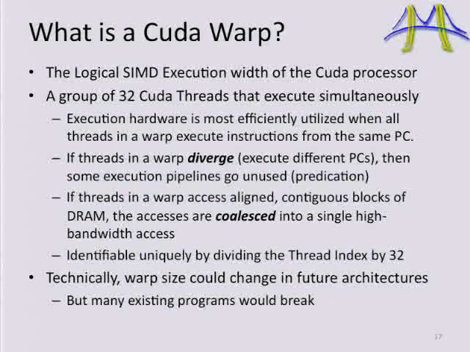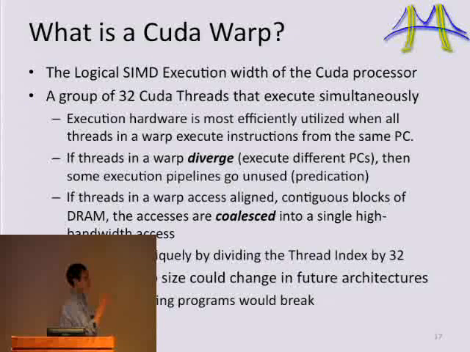So a CUDA warp is the logical SIMD execution width of the CUDA processor. When you're in the early stages of implementing a CUDA program, you actually don't need to worry too much about warps. It's almost entirely a performance optimization detail, but it actually turns out to be one that's pretty important. So these 32 threads execute simultaneously. That is, within a given cycle, at least a logical cycle, they will all execute the same instruction, have the same view of memory.